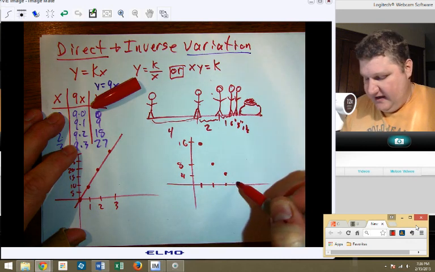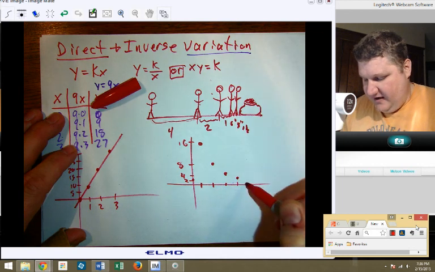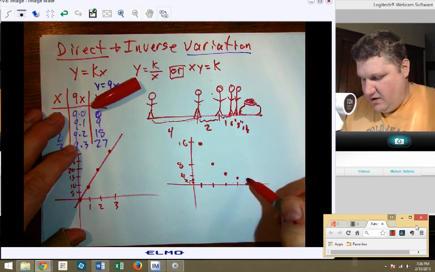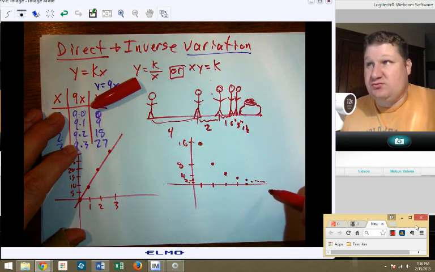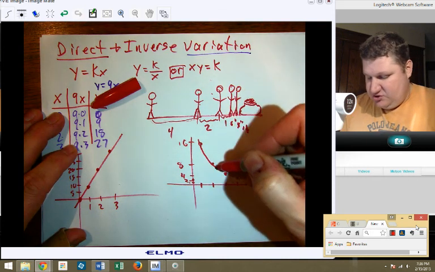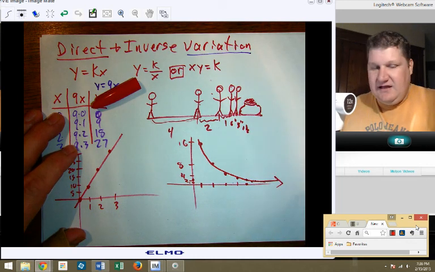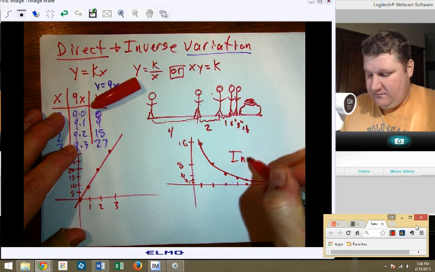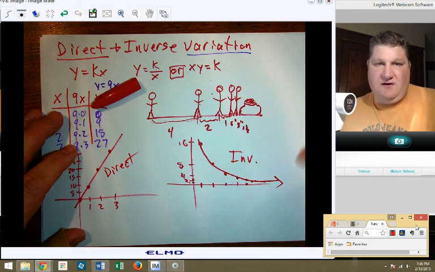And half that distance was 2. And half that distance was 1. And so on and so forth. But you never actually reach the end. So if we have a graph that looks like this, it's an inverse variation versus a direct variation.